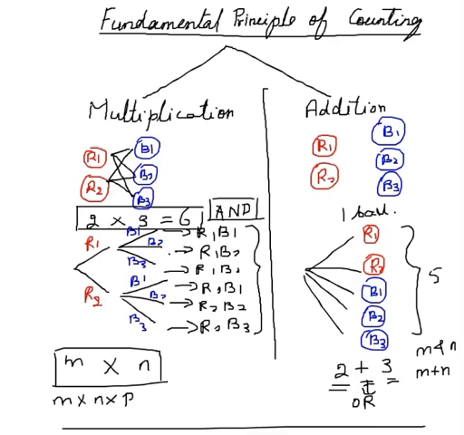So an easy way to remember is, if you have the word 'and', multiply. If you have the word 'or', add. So remember this point, very important. We use this in permutation and combination as well as in probability.